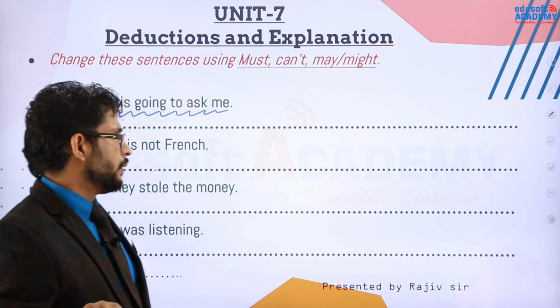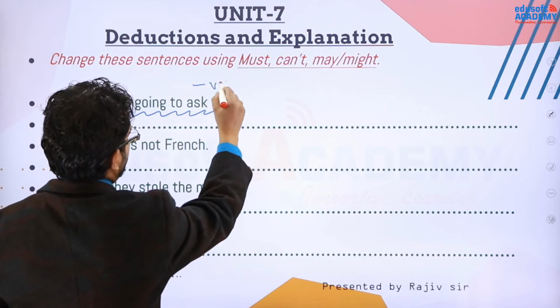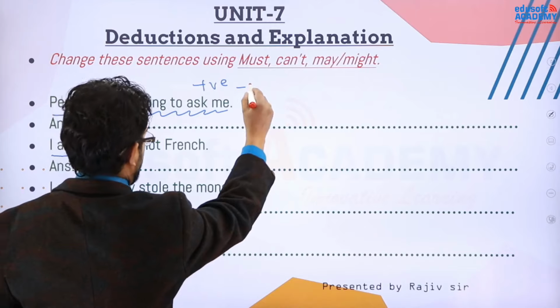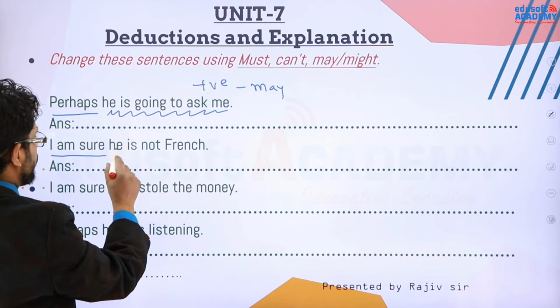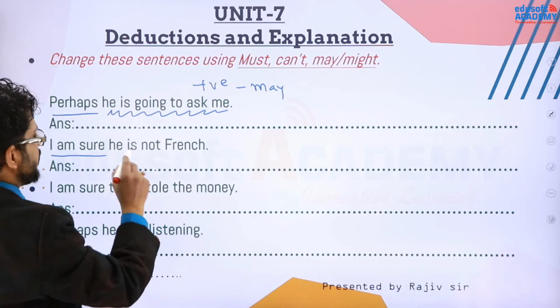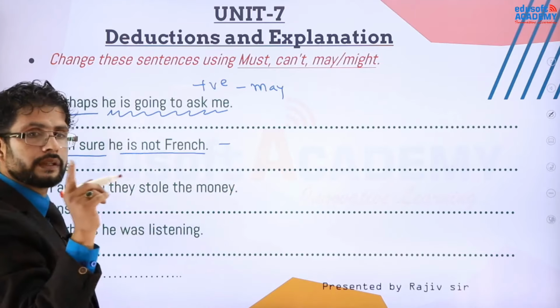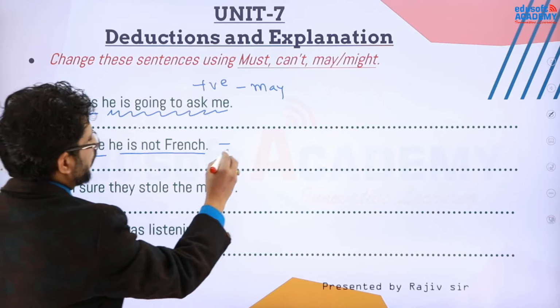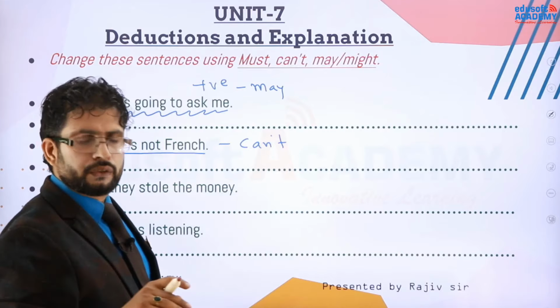Tell me. Definitely, the sentence is a positive one. So if it is positive, you are going to write may. And look at over here, he is not French. Is it positive or negative? Negative. If it is negative, then definitely, as the sentence begins with I am sure, you are going to write can't. Is it clear to you? Good.